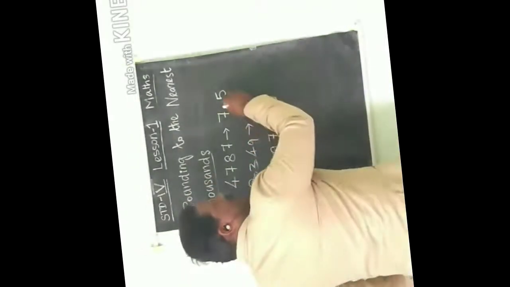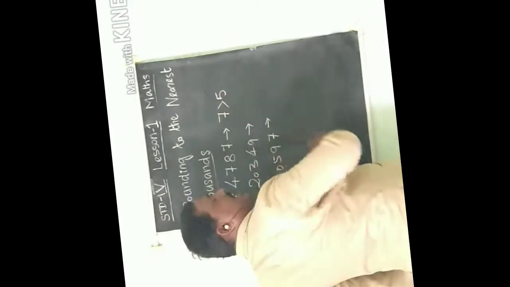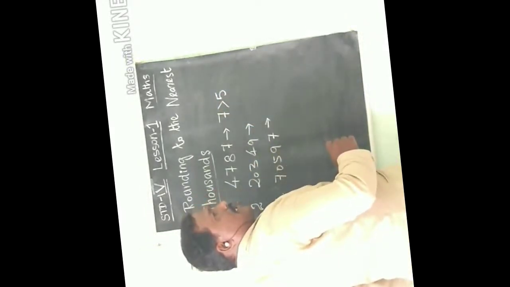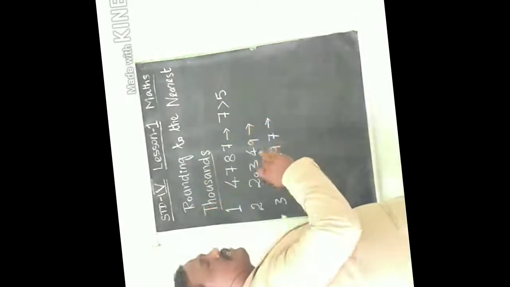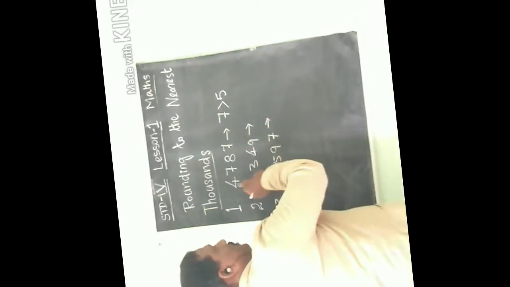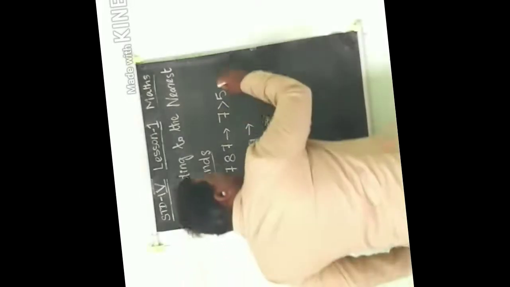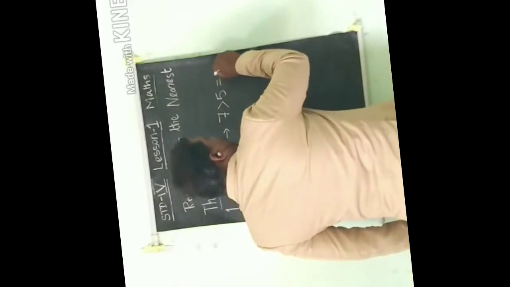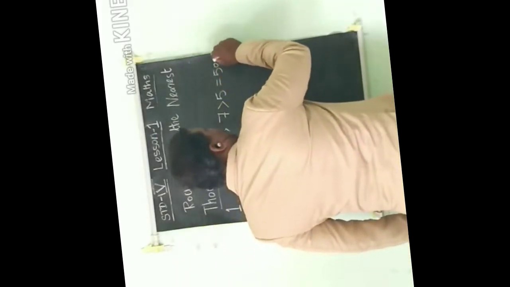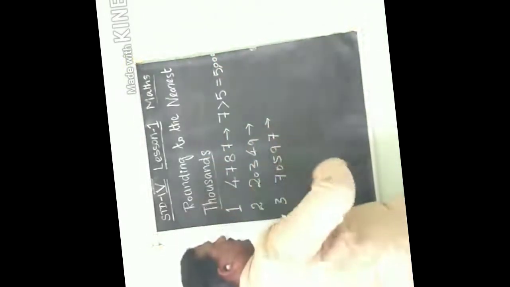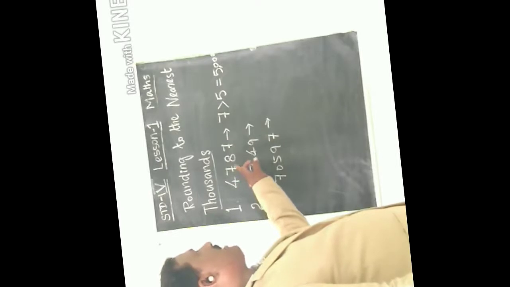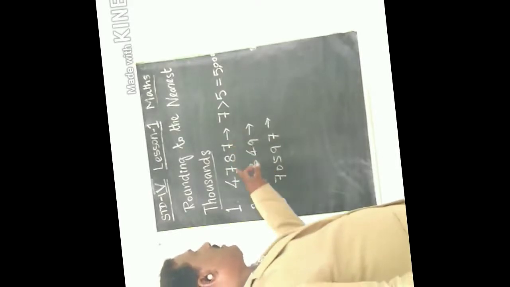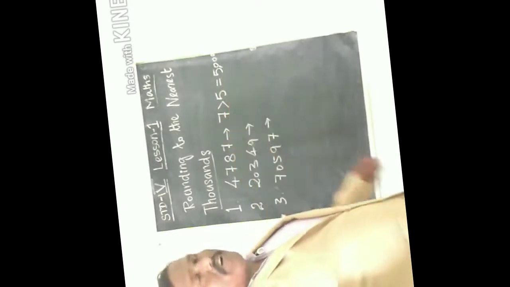It is greater than 5, so we put greater than. So what is the rounding number? The rounding number is 5,000. So when we round up 4,787, we get 5,000.